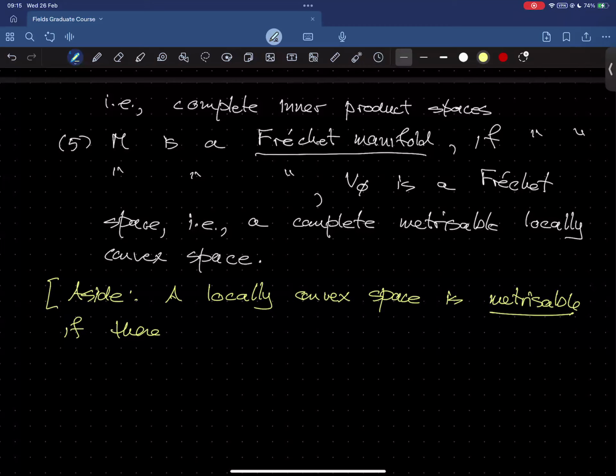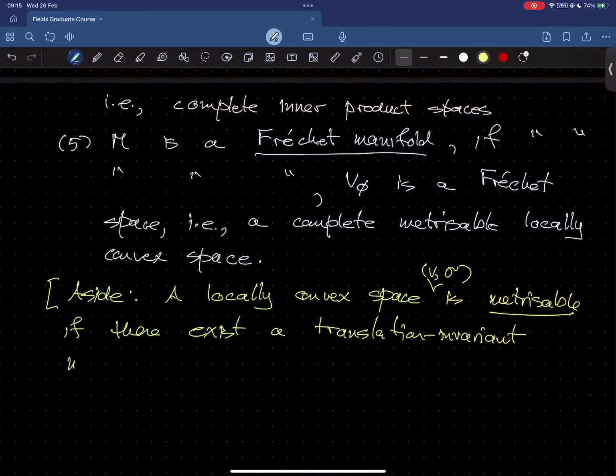Of course that's true, but a particular kind of metric. So metrizable if there exists a translation invariant metric d, and I'll say what translation invariant means.